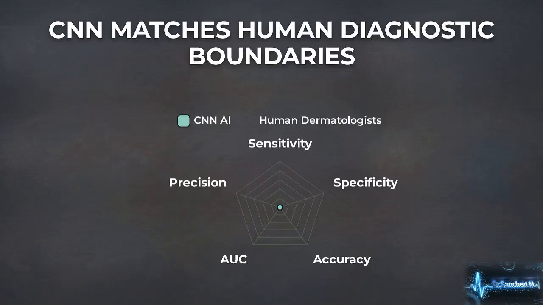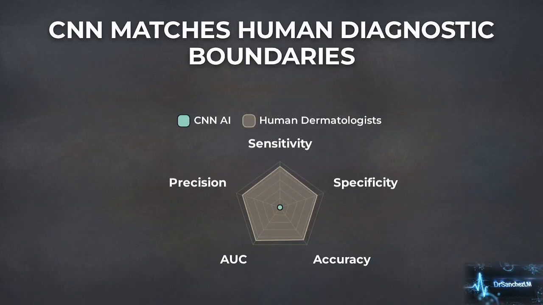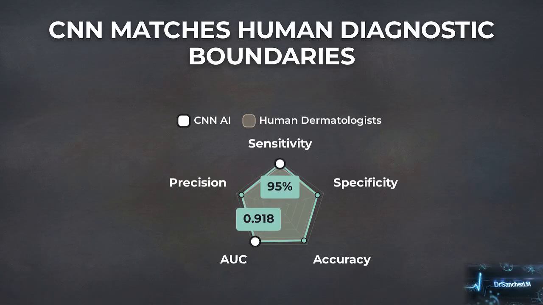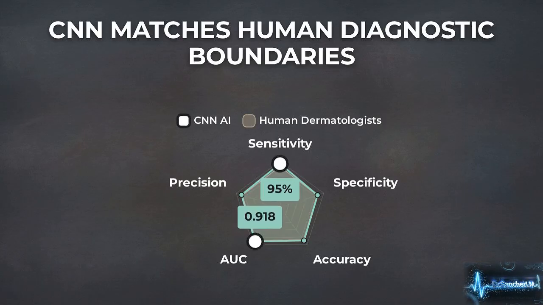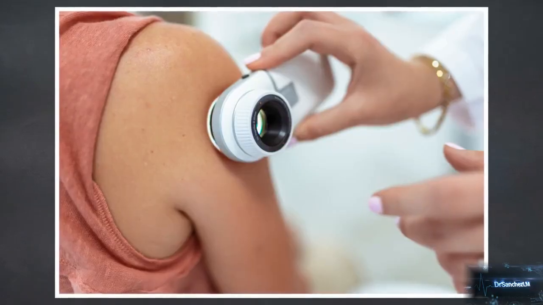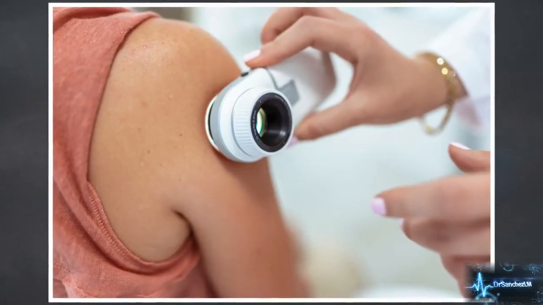This radar chart shows how a trained CNN performed in a real-world benchmark against 96 dermatologists. The AI achieved a 95% sensitivity and an AUC of 0.918, effectively matching the performance boundaries of the human specialists. However, high accuracy often depends on a dermatoscope.